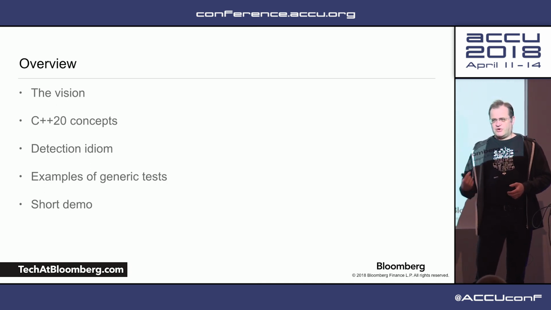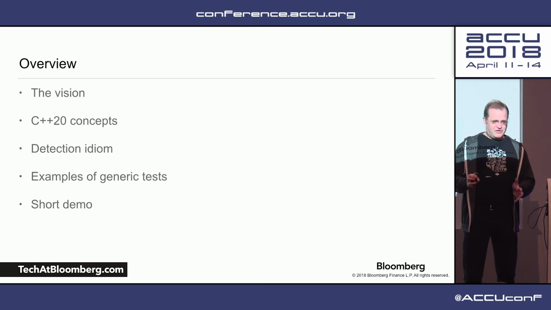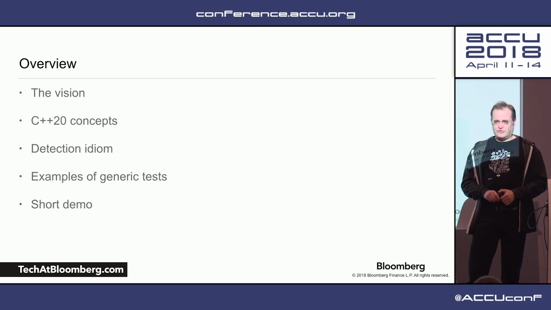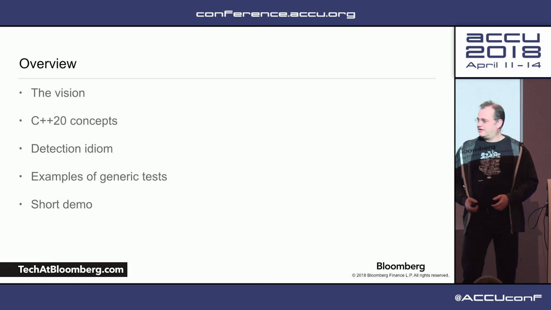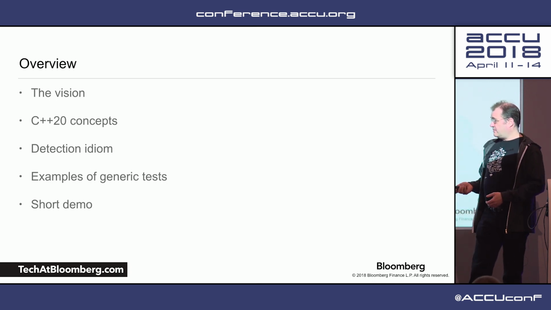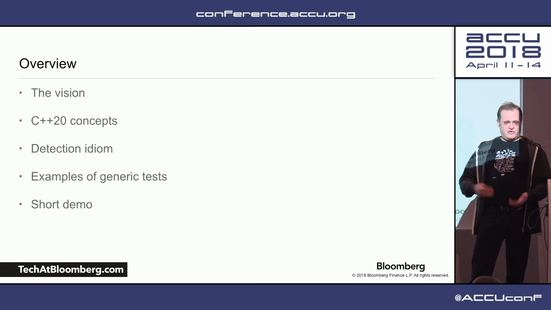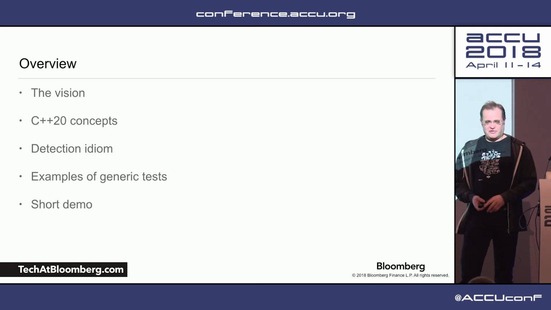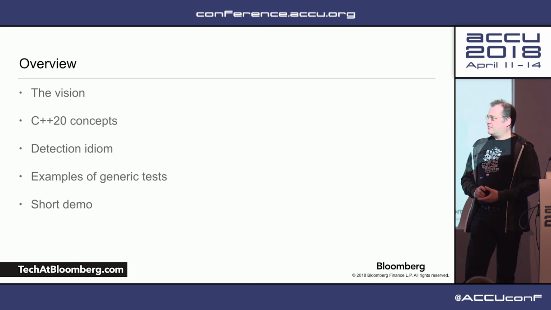Actually, Marshall talked about the detection idiom last year over here, but I still talk about it again because I found that people still don't know about it or don't get how it's used, and admittedly, when I haven't used it for a few weeks, I have to look it up as well. And then I talk a little bit about the stuff I actually want to talk about, generic tests, followed by a short demo to see that it does kind of work. The idea does work. It's not fully done or anything, but still.